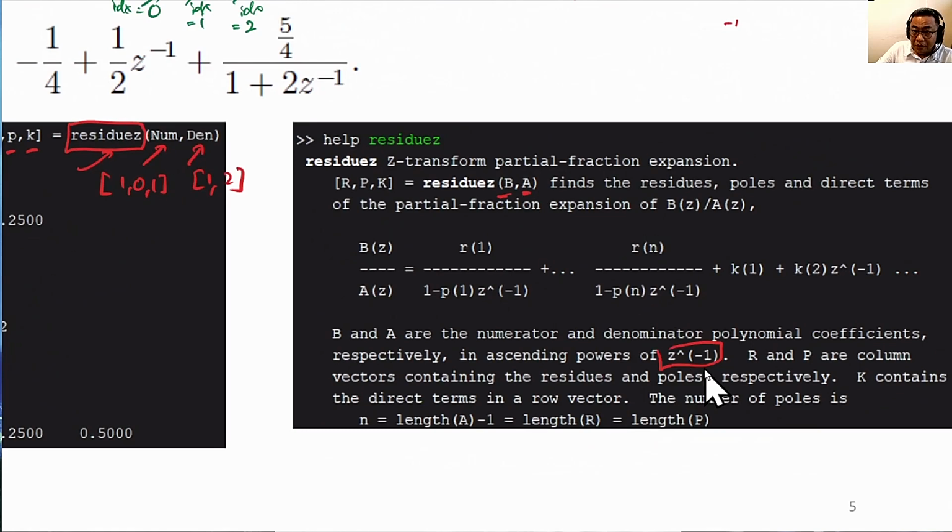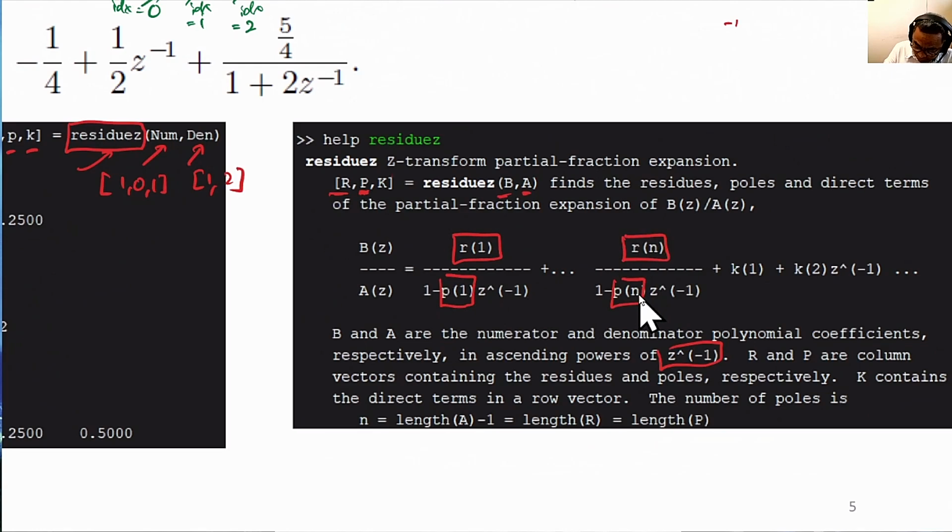Now, once I put b and a, out comes RPK. What is r? R is a vector, and the first element of the vector is here, divided by 1 minus the first element of the pole p is here. So r is on top, p is below. Correspondingly, r1 over 1 minus p1 z minus 1. So r2, r3 will be with respect to rn over pn.